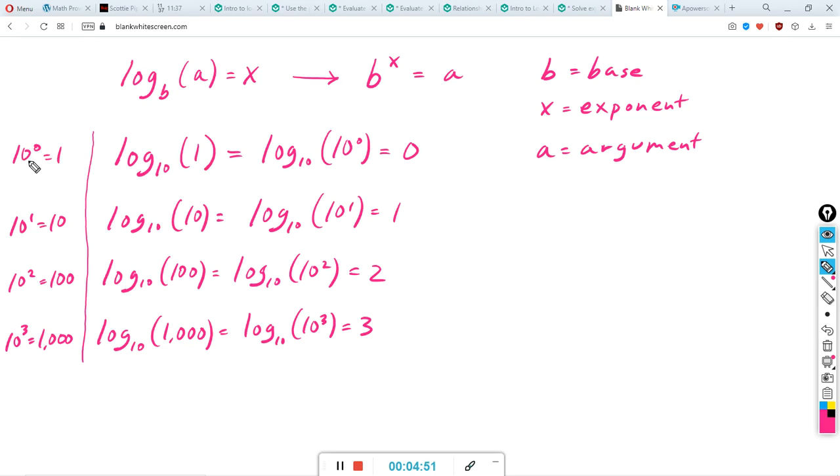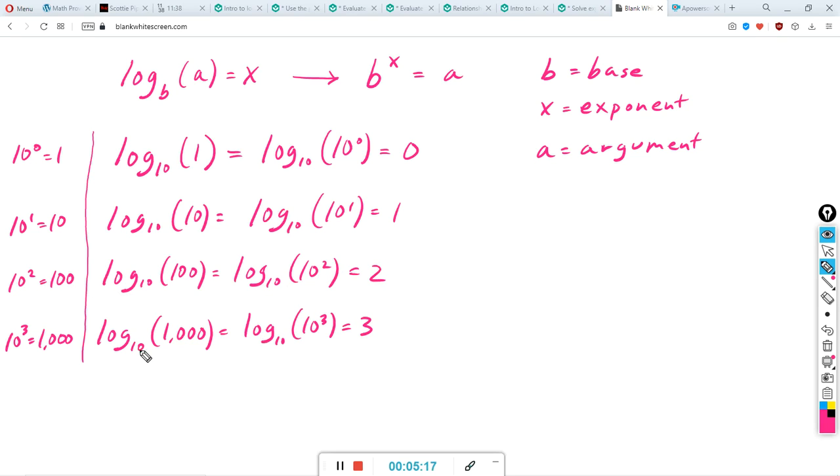So 10 to the 0 equals 1. That's why the log of 1 equals 0. 10 to the first power equals 10, so that's why the log of 10 equals 1. And here you're asking, 10 to what power is 100? Well, we know that's 2, and so on.